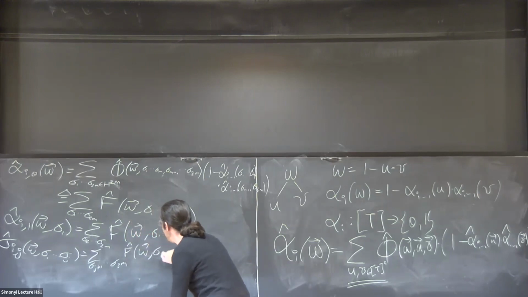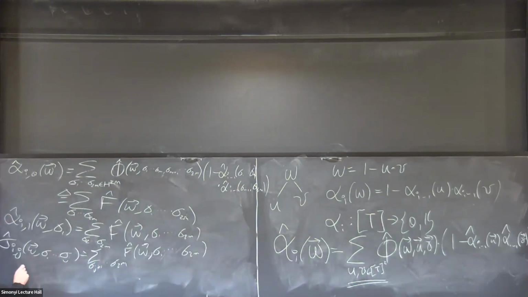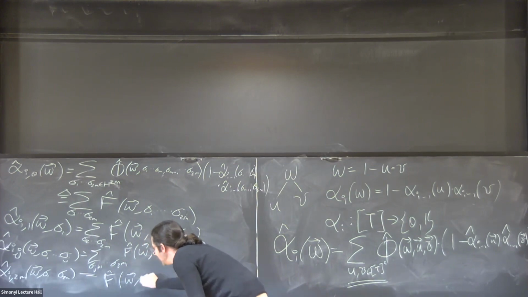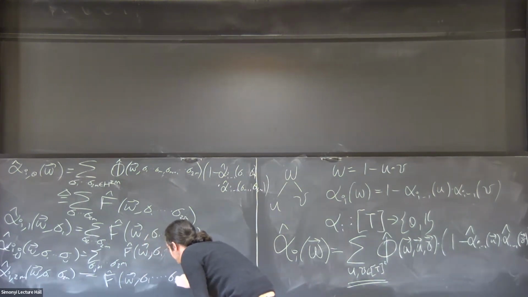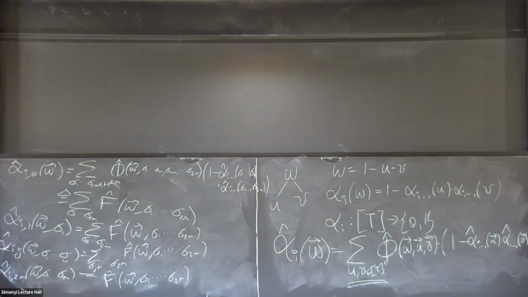In the end, we have alpha I 2m, which takes everything as part of its input and just computes without a summation, f of W. And right below it, I write alpha hat I minus 1, which is already defined.